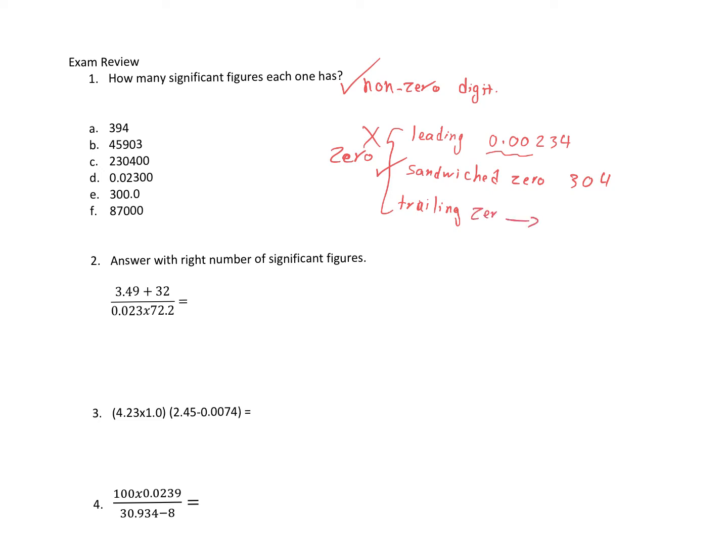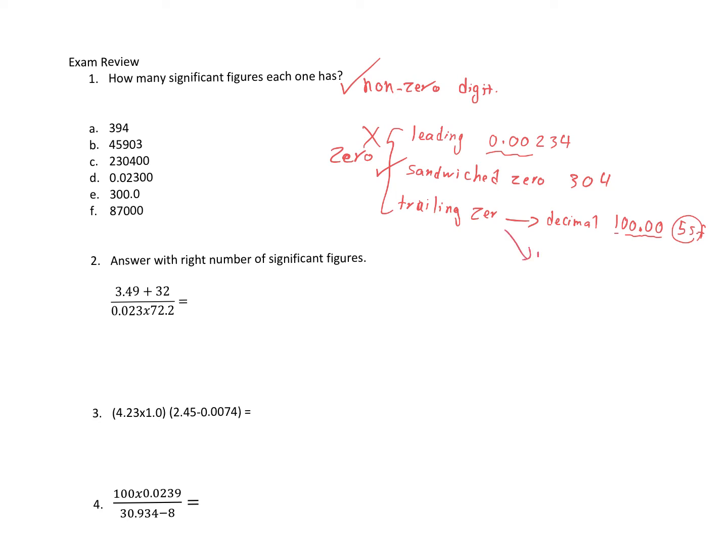If you have a decimal place, like 100.0, all the trailing zeros are counted as significant figures. So you count these, and also you have the 1, so you have 5 sig figs.